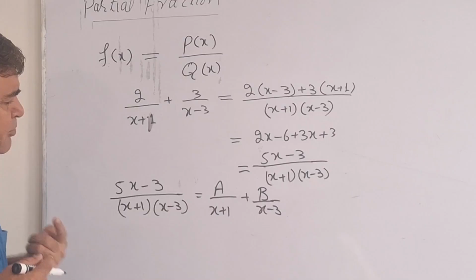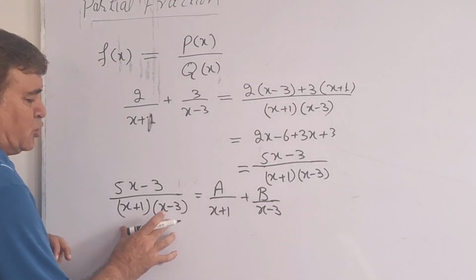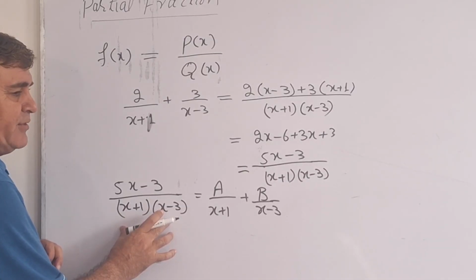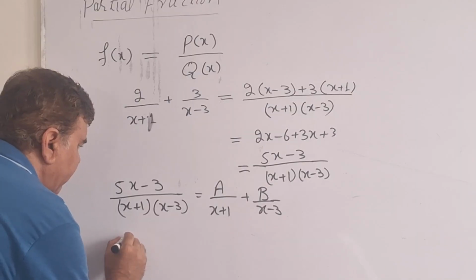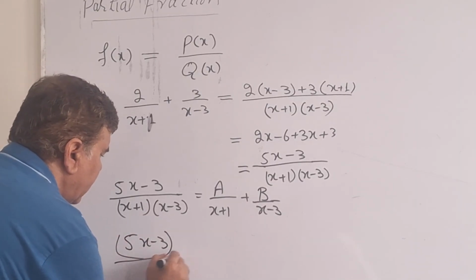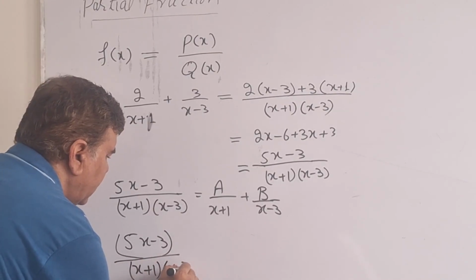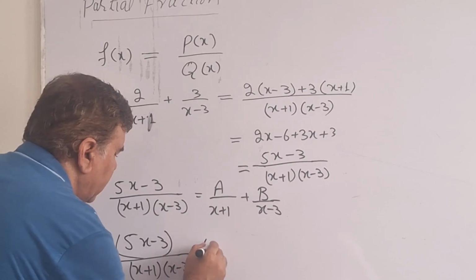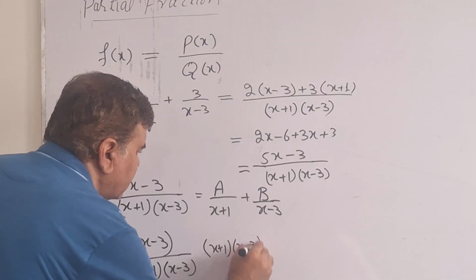So what is the procedure? We multiply the whole of this equation with the total denominator of the left side. If I multiply this, I can write 5x minus 3 divided by x plus 1 into x minus 3, the whole multiplied with x plus 1 into x minus 3.